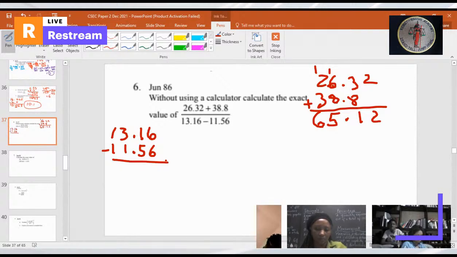Okay, so this 6 minus 6 is 0. Miss, we're going to go over into the ones place and take 1 from the 3, which would give 2, miss. Yes. And 5 from 11, miss, which would give you 6.